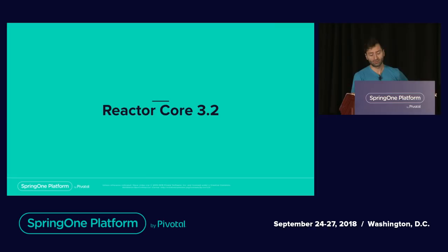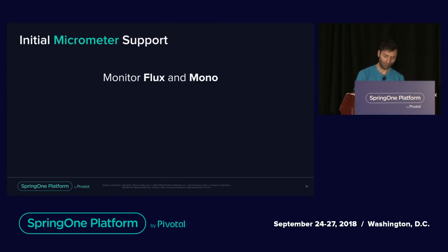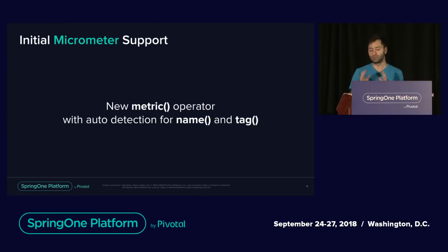What we're going to start with now is Reactor 3.2 and the latest additions in Reactor 3.2. The first thing we have experimented with, and we will collect feedback during the 3.2 lifecycle, so 3.2.1, 3.2.2, and 3.2.3, etc., is the support for Micrometer. Basically what we do now, we have a new operation you can use in Fluxes and Monos called metrics.